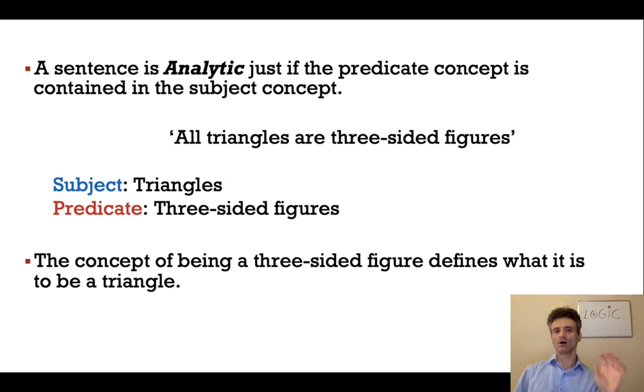So when I say all triangles are three-sided figures, I literally mean that all triangles are exactly three-sided figures. Or in other words, I could substitute the verb are with an equal sign. I can say all triangles equals three-sided figures.